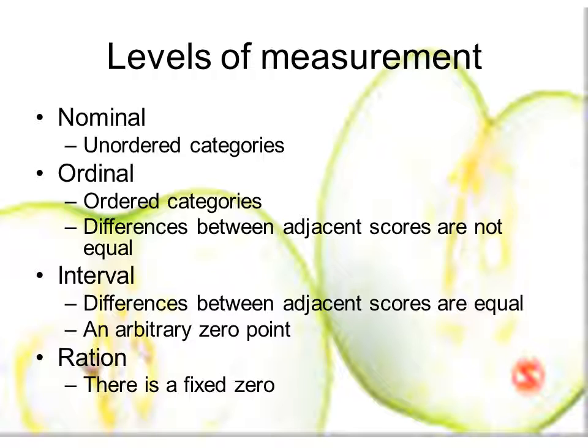So when it comes to what we're going to study and what kind of data we're going to gather, we need to know what level of measurement we're using in order to know what test we can use to look at our experiment and the data.